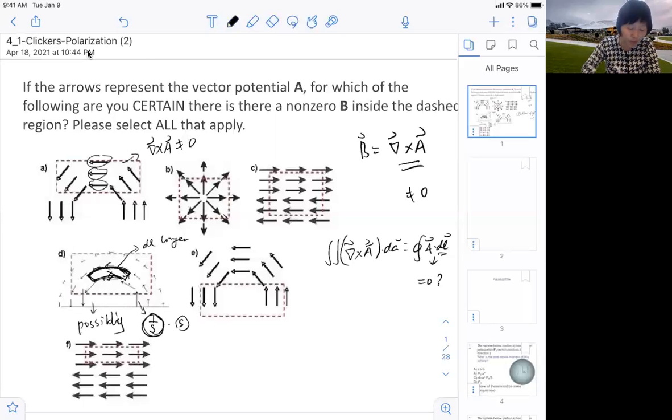Okay. Now let's look at another one. B clearly looks like you have a divergence, but in terms of a curl, you can also use the paddle wheel strategy to see if the paddle wheel will change directions.